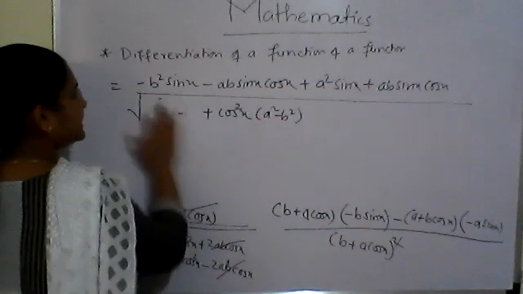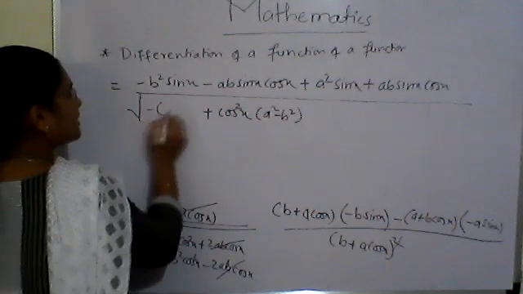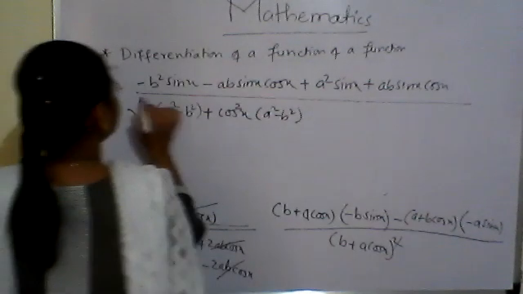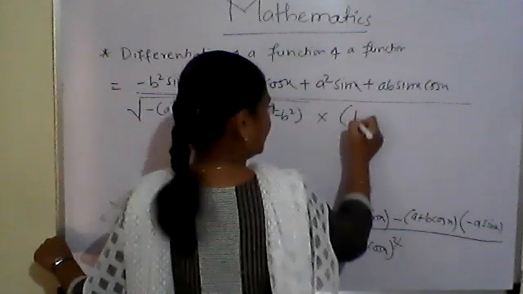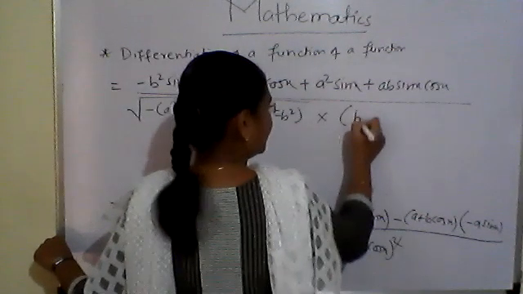So we can write minus of a square minus b square. This we can write in the square root. It will be into one bracket b plus a cos x.